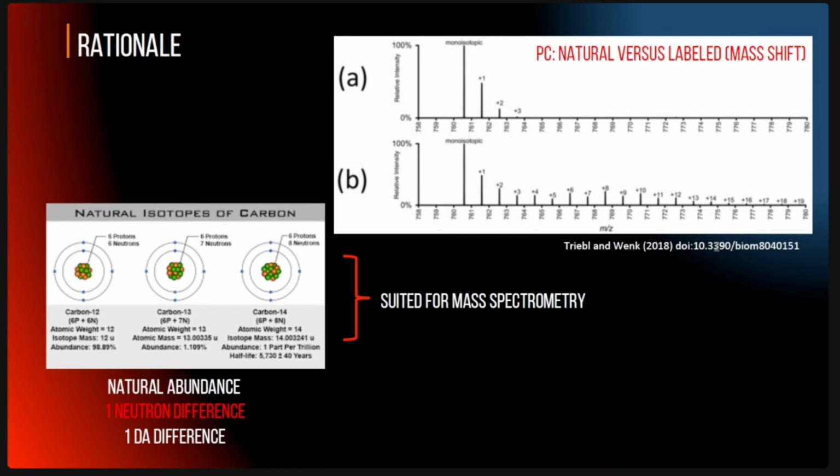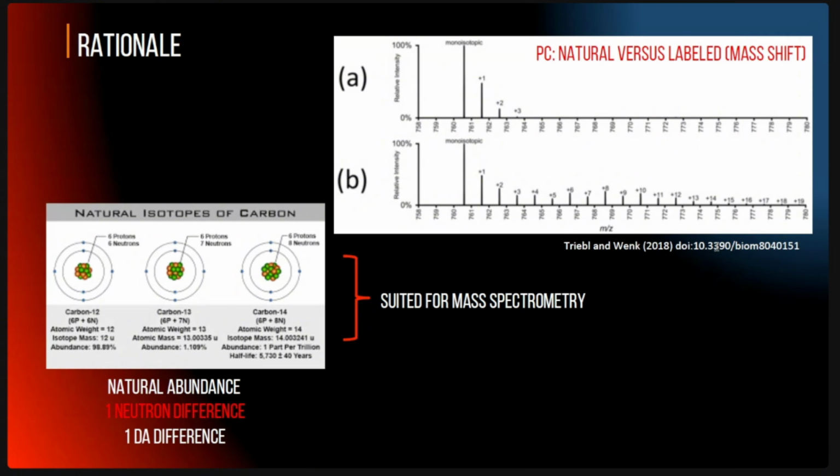And given this difference in mass, mass spectrometry is the technique of choice, although you can use NMR to figure it out too. A lot of studies have been published on this matter, but everything people look at is this mass shift of 1, 2, 3, and so on.